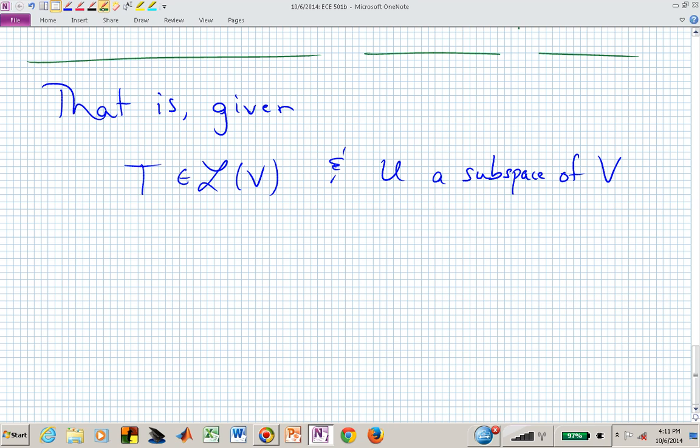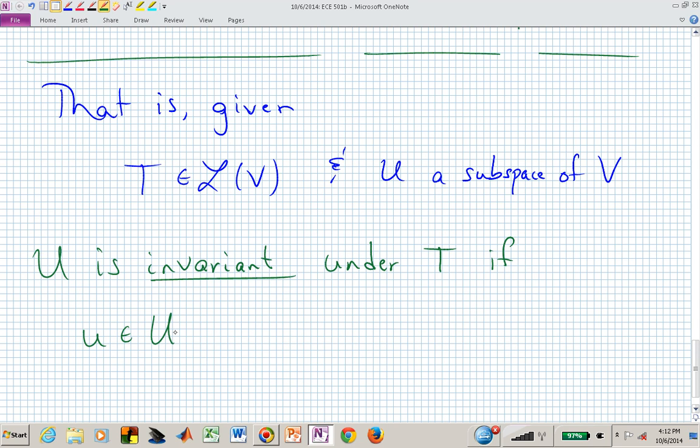Then this subspace U is invariant under T. That's the terminology or the phrase that we will use if you start with a vector in the subspace.